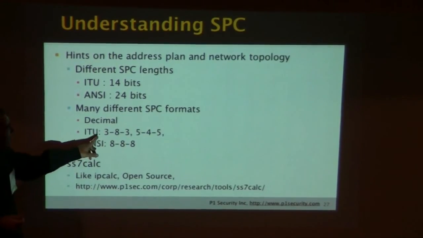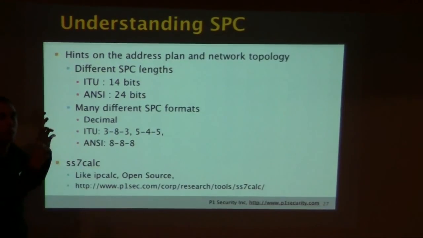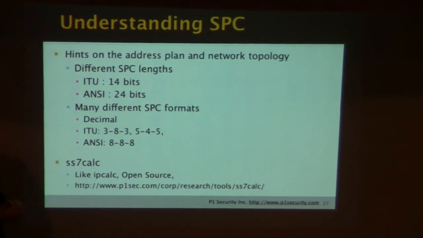So for ITU, you can have a group of 3-bit, 8-bit, 3-bit, or a group of 5-bit, 4-bit, 5-bit. That's something crazy, is that you can have an SPC address that you don't know which numbering plan it is. Is it 383 or 545? And so you cannot know really to which address it maps.